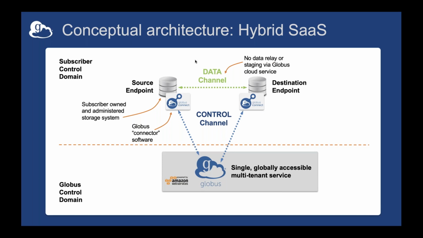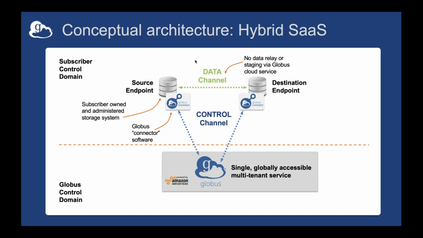In fact, more technically, it's hybrid software as a service. What this means is that we operate all of the management logic associated with the Globus service, the technology that keeps track of what transfers are active and that ensures that they complete successfully. This is all run on, in fact, Amazon Web Services.